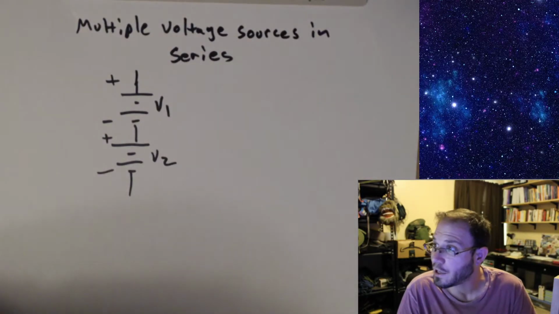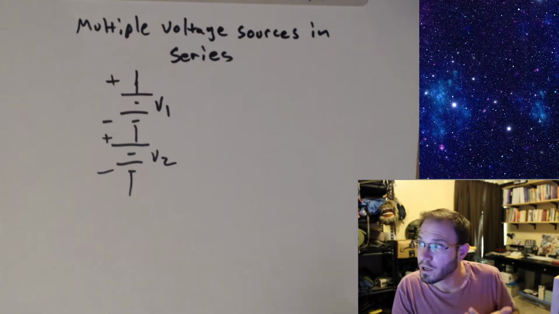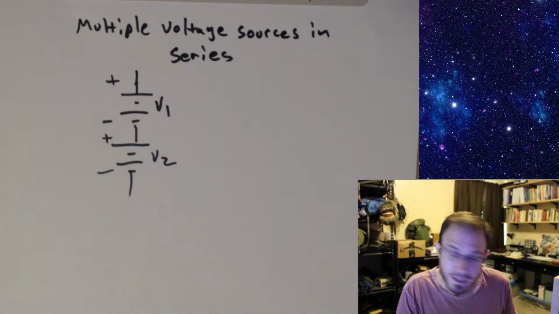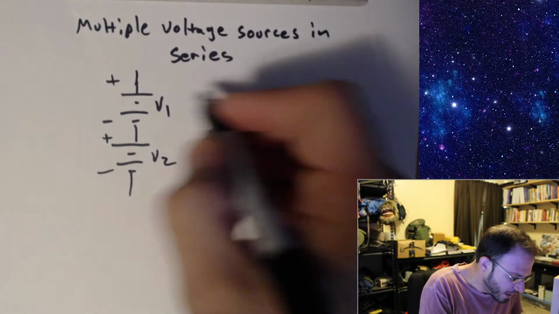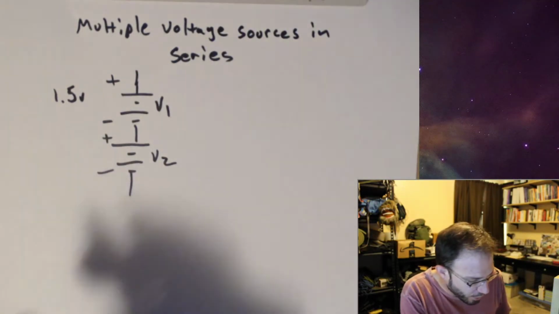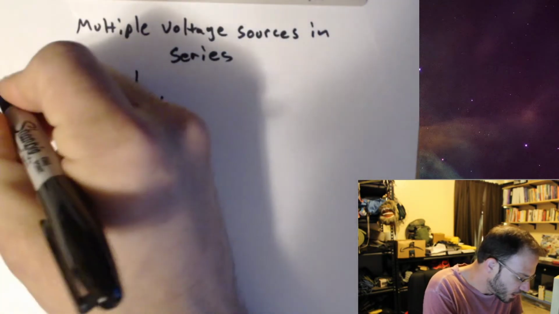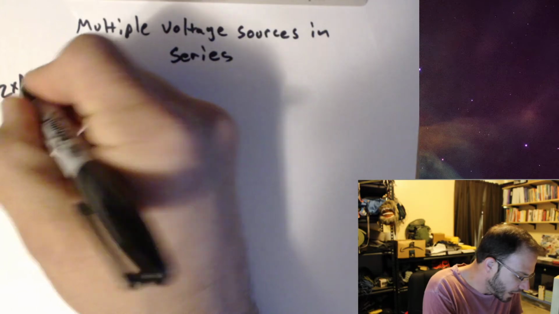If I use my remote control example, where you have 2 AA batteries in the back, one of them is 1.5 volts and the other is also 1.5 volts.